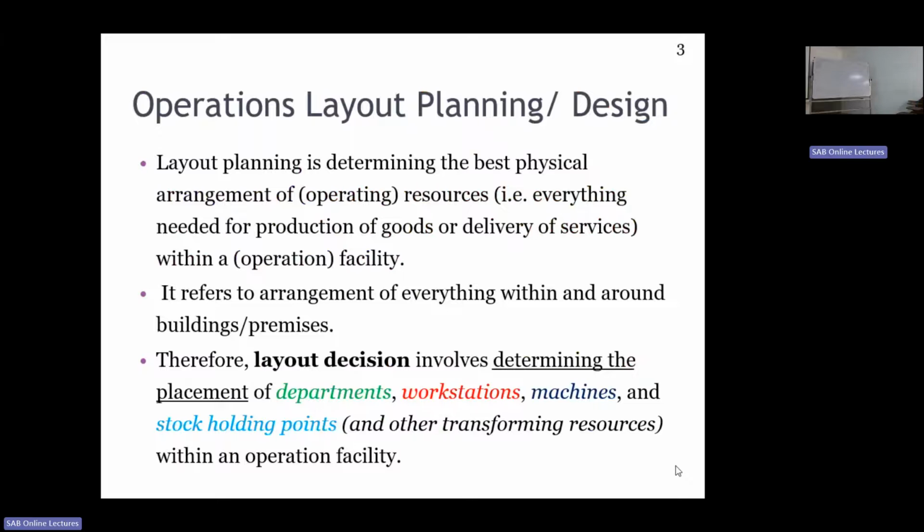Because we need different machines, production steps, different workstations or departments to create and deliver products and services. So how that physical resource arrangement is done, that is what we call the facility layout. This is an important decision. Designing that is called layout planning.